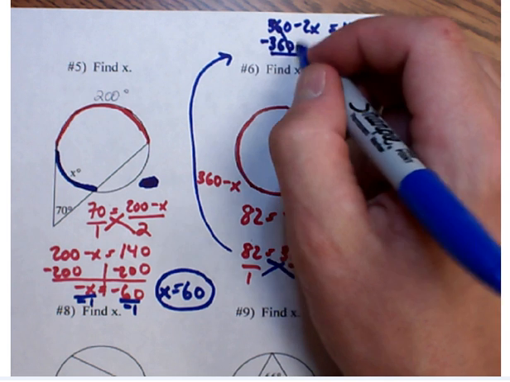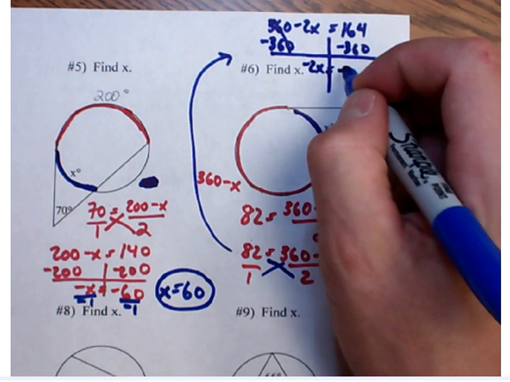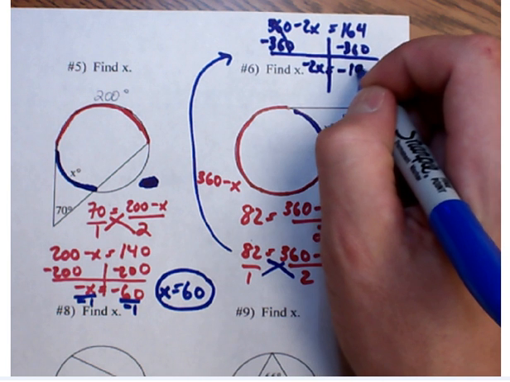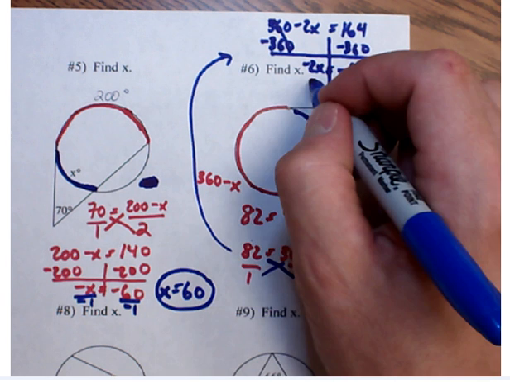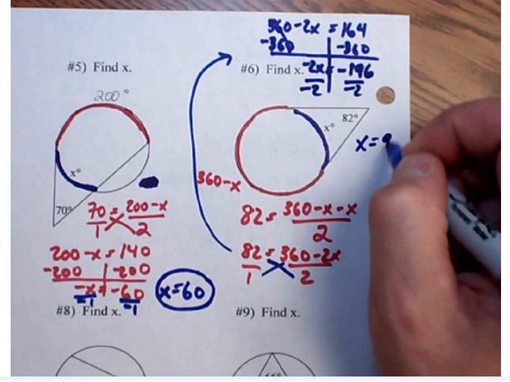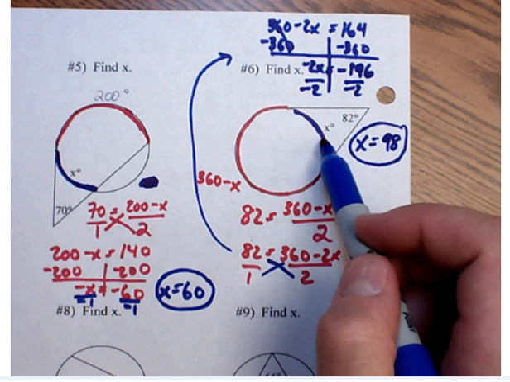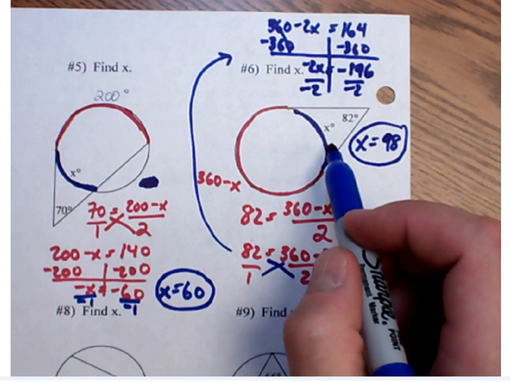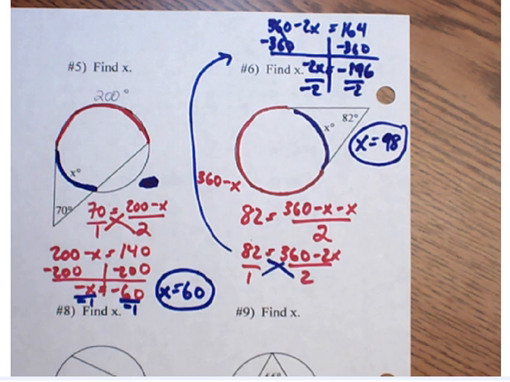This is negative 2x equals negative 196. And then the last step, we divide by negative 2. We get x equals 98. And that's positive, that makes sense. You should not get a negative angle measure. You can get a negative variable, but not a negative angle. So this is 98 degrees. There we go. We're good.